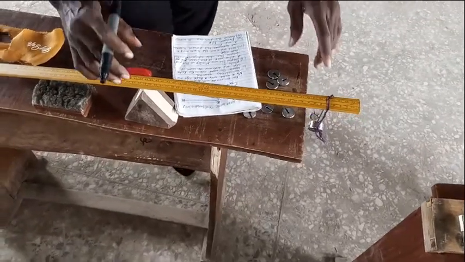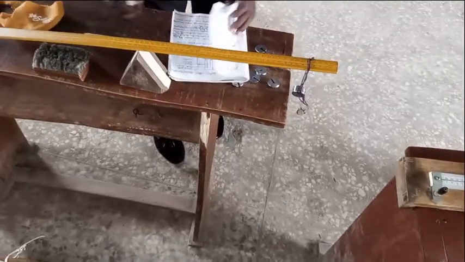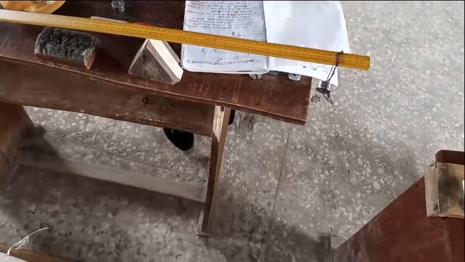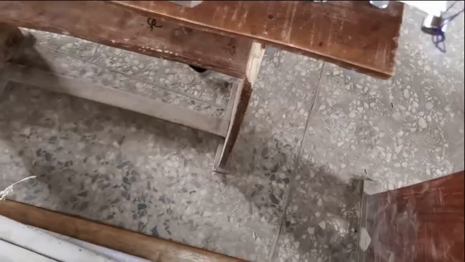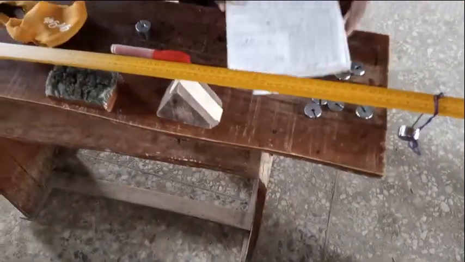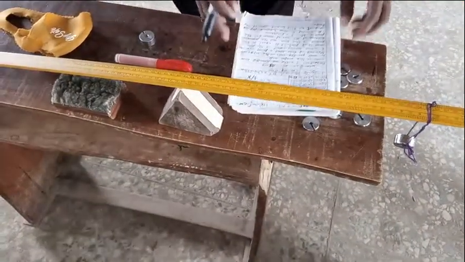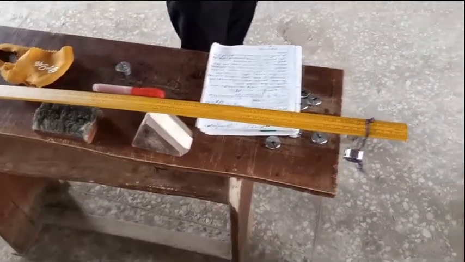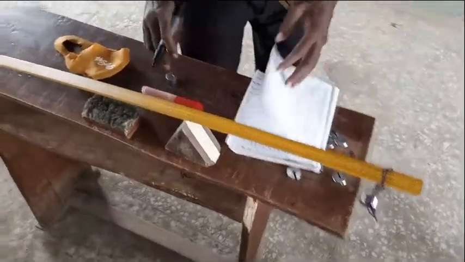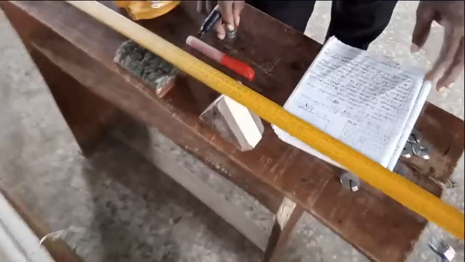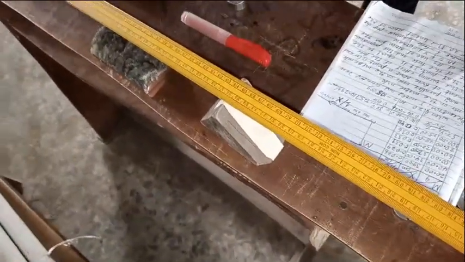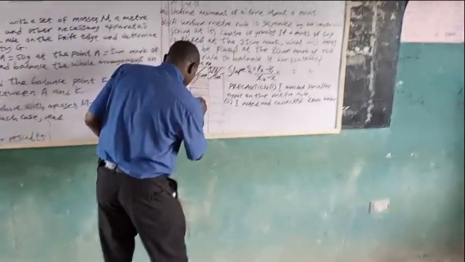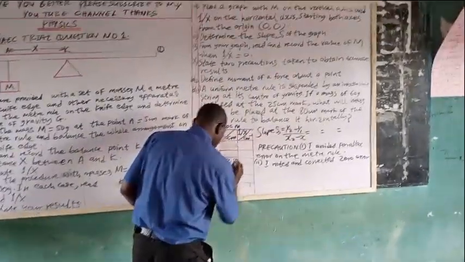We subtract 5 from it. Then we are going to get 36.5 minus 5, 32.50.